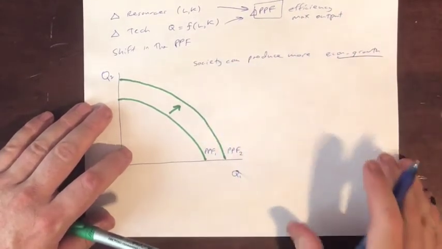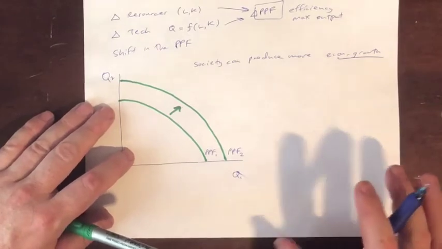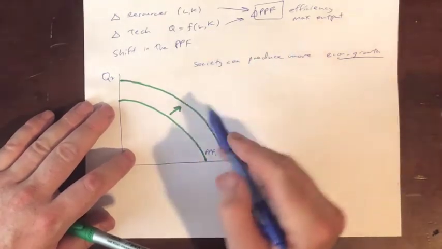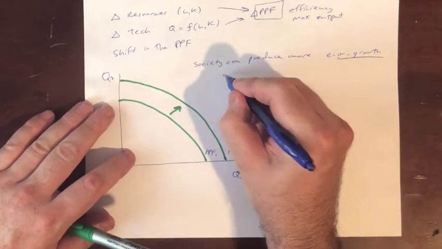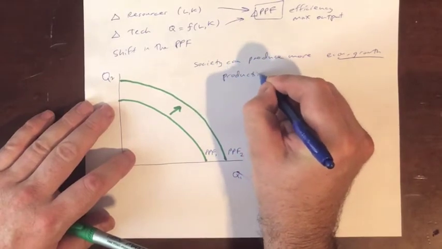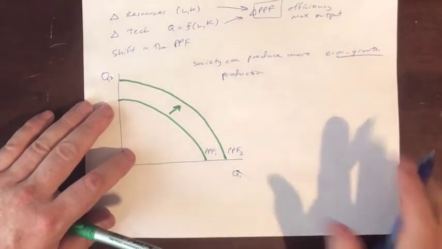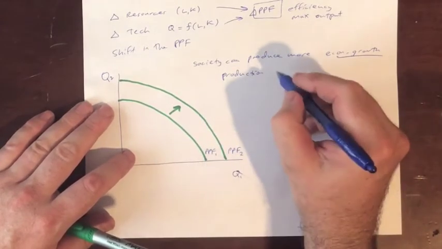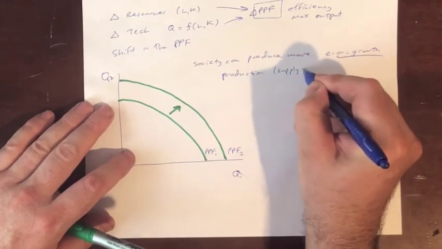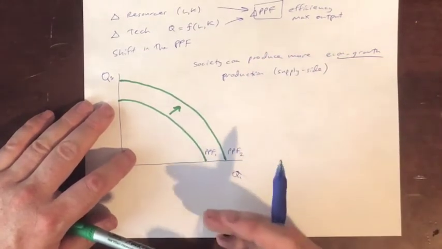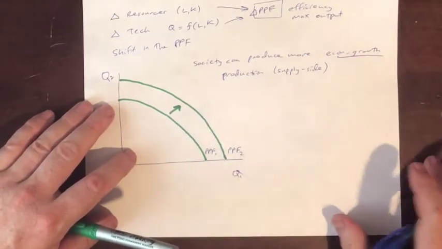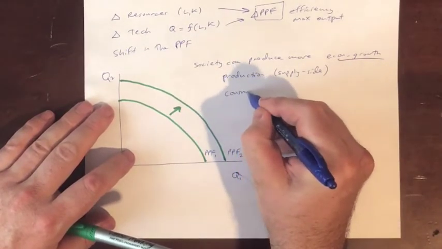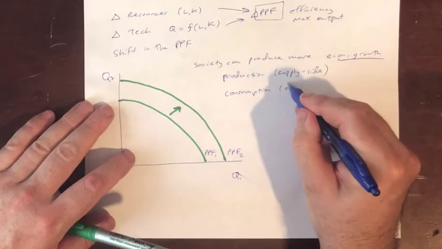So neoclassical economics is very focused on a particular explanation of economic growth, okay? According to neoclassical economics, economic growth comes from the production side, okay? So production is also sometimes called the supply side. We will return to this when we talk about supply and demand, right? So there's, broadly speaking, production and consumption.